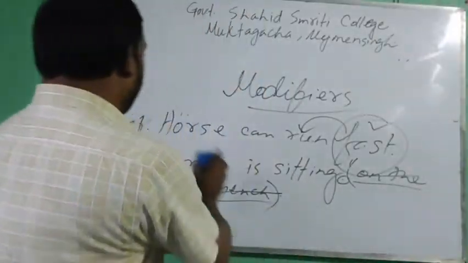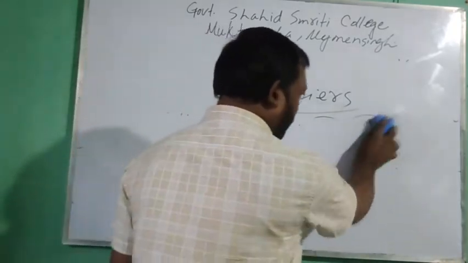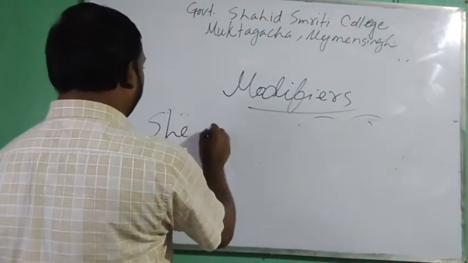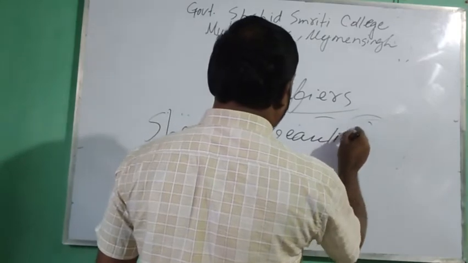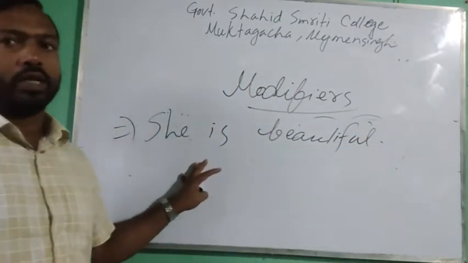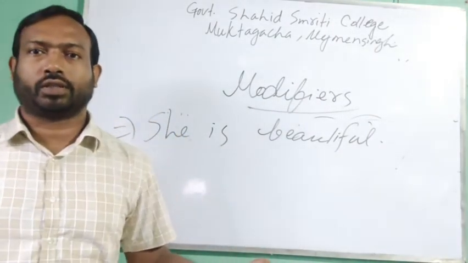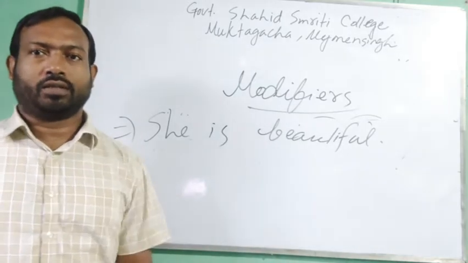Then let's give examples of modifiers of adjective. Here, look at the sentence. She is beautiful. So this is correct. Exactly, the sentence is correct.